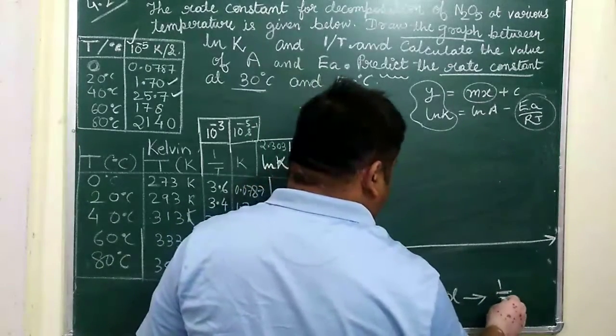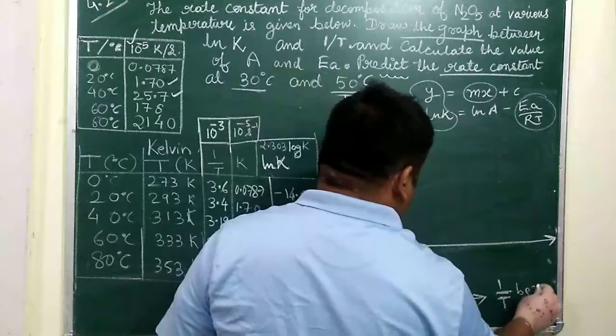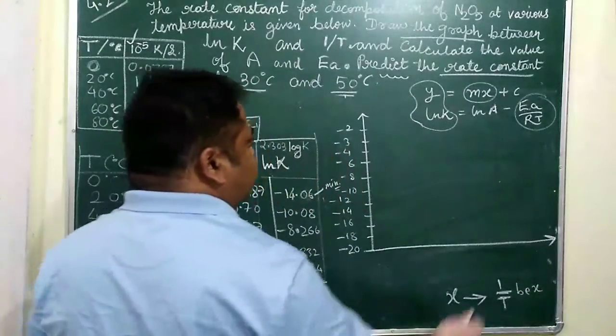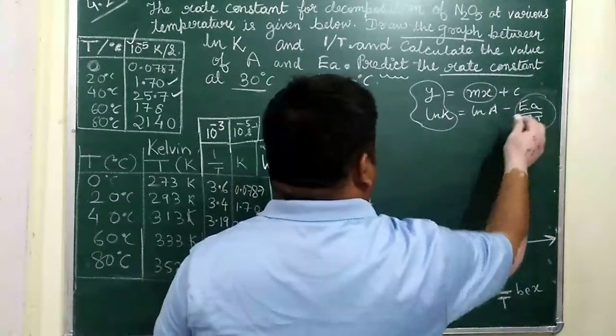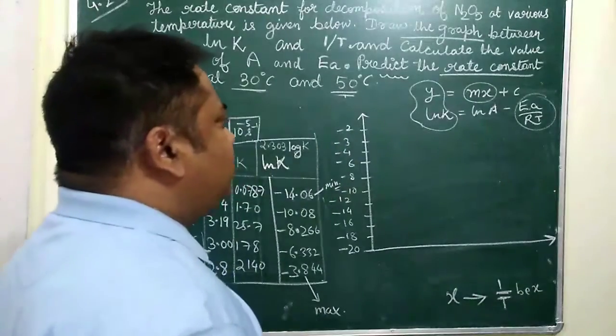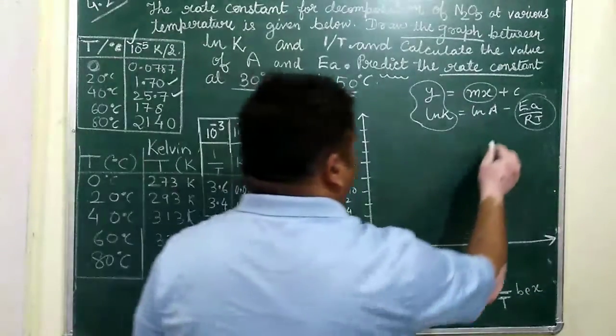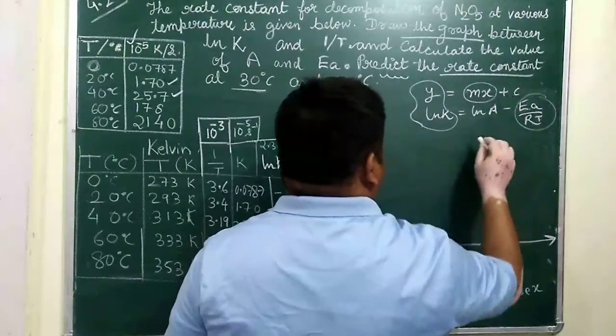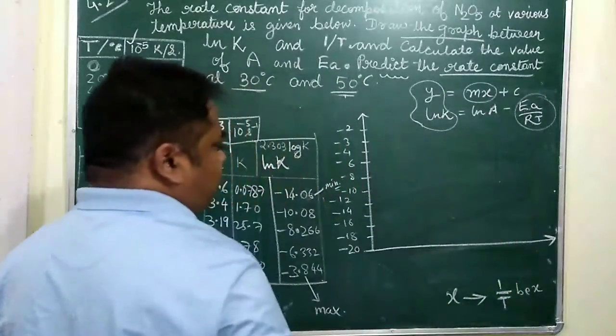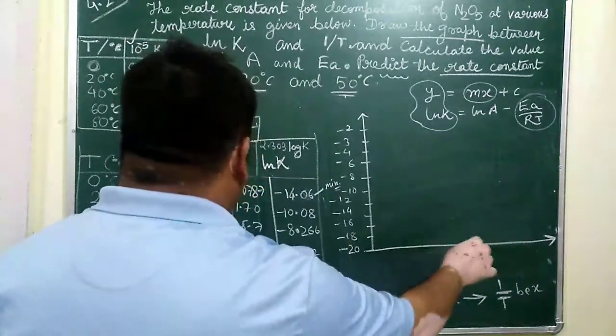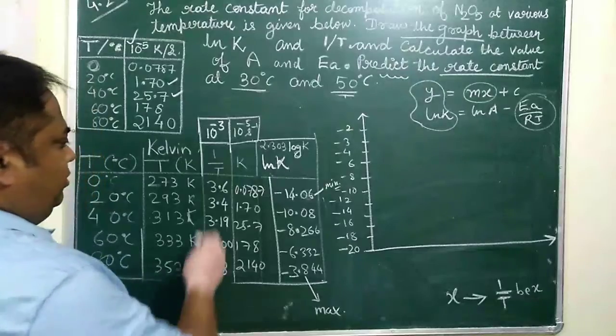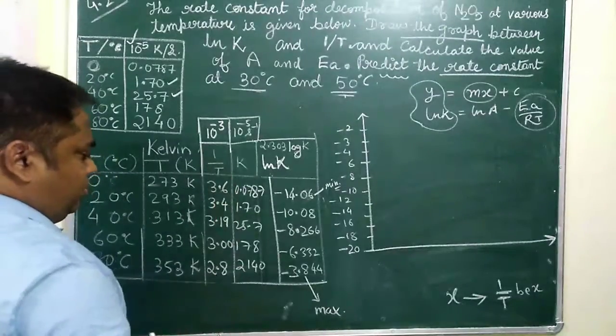So let 1 by T be x. If 1 by T is x, then minus Ea by R will become the slope and c is ln A.